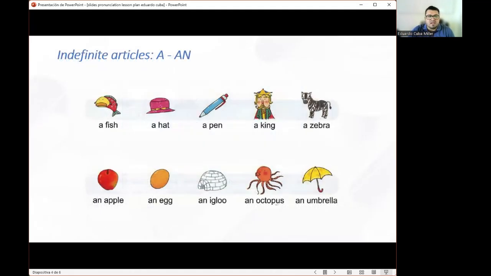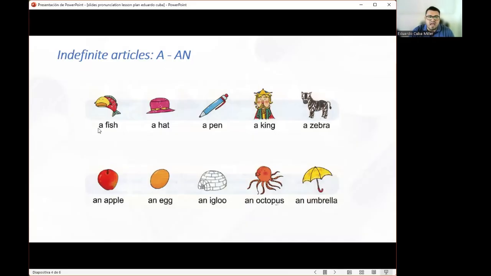Guys, let's pay a lot of attention here. Let's practice the pronunciation of these words. A fish, a hat, a pen, a king, a zebra. Correct. And it says an apple, an egg, an igloo, an octopus, an umbrella. That's right. You see right over here before each noun, there is a word.